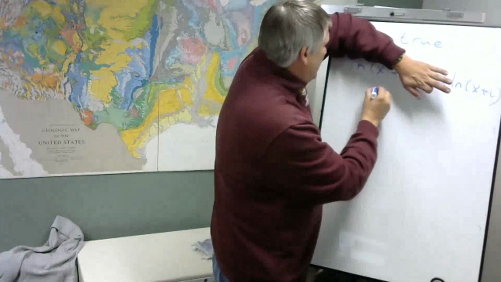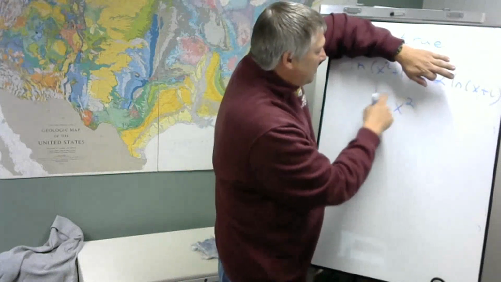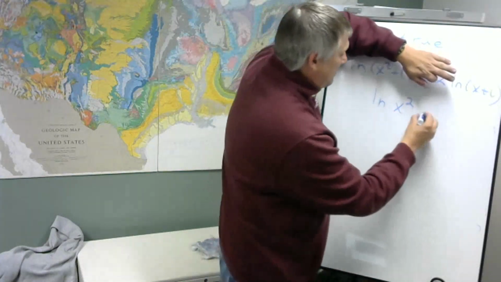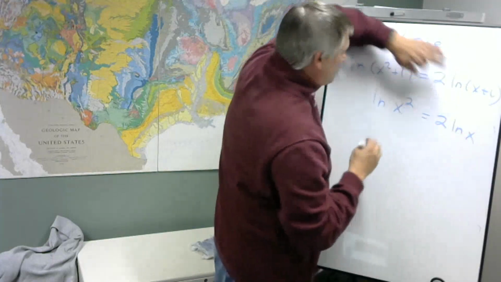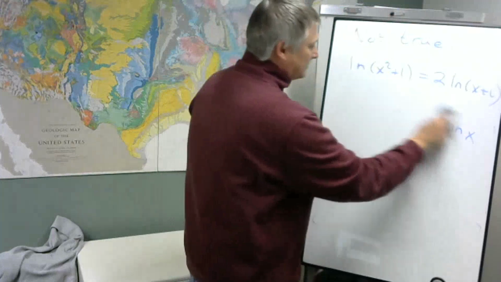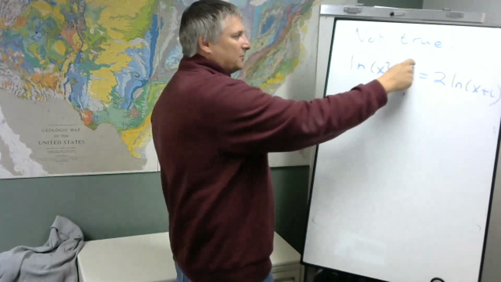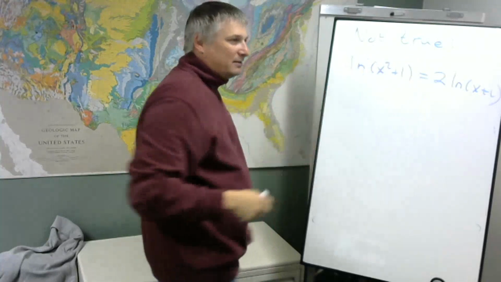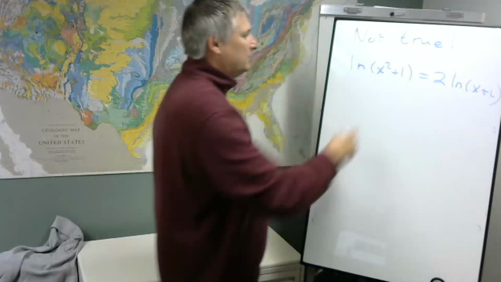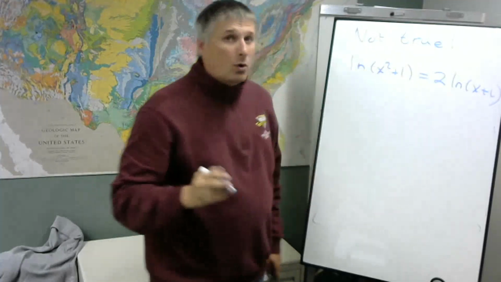What we can do, if we had natural log of just x squared by itself, this entire object we're taking the natural log of, that would be 2 natural log x. That's true. But here, this is the object we're taking the natural log of, so this is the place where we would look for an exponent, not inside that object. We look for an exponent out here that could hop down. Exponents inside won't hop down.